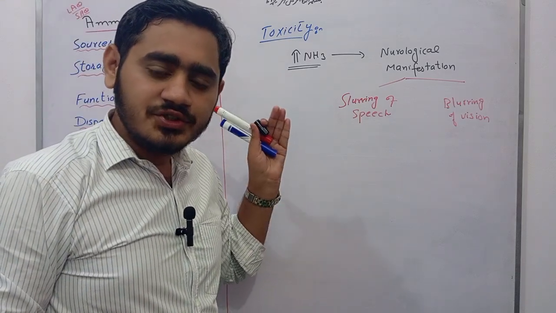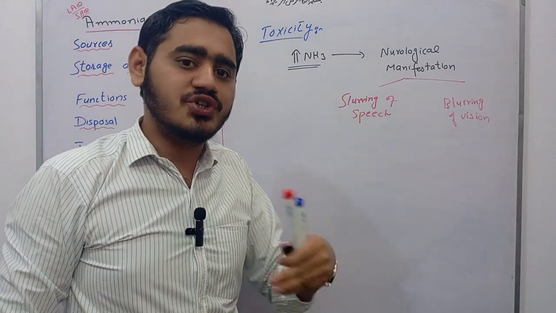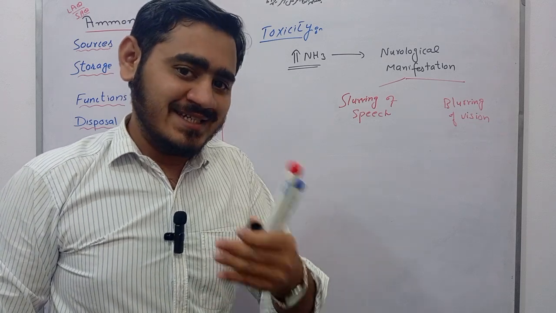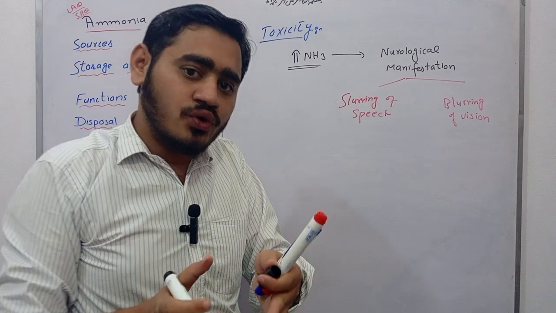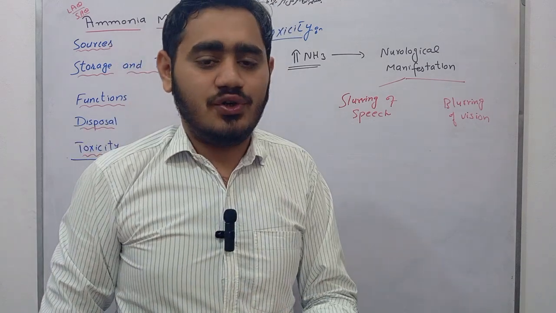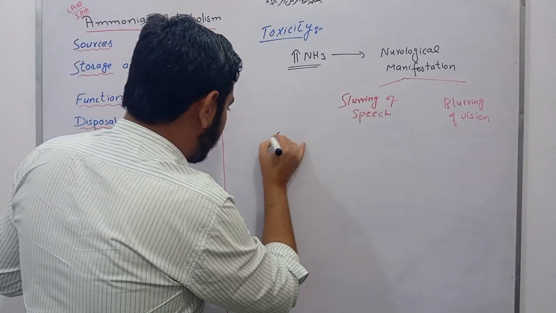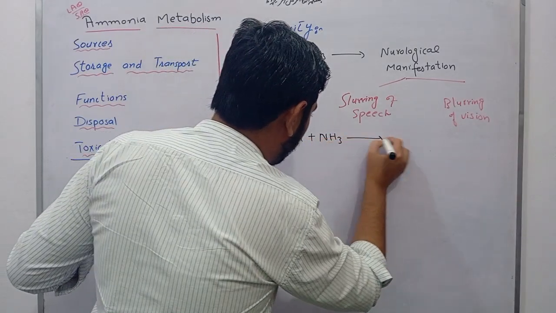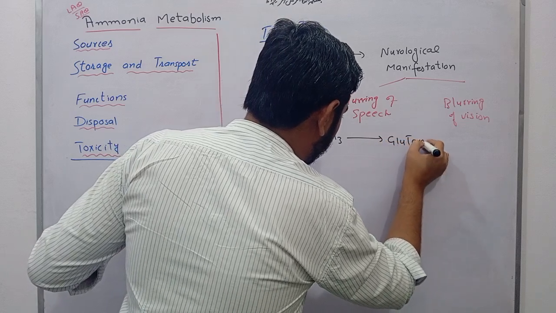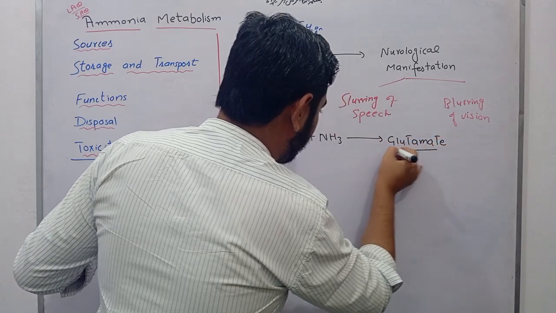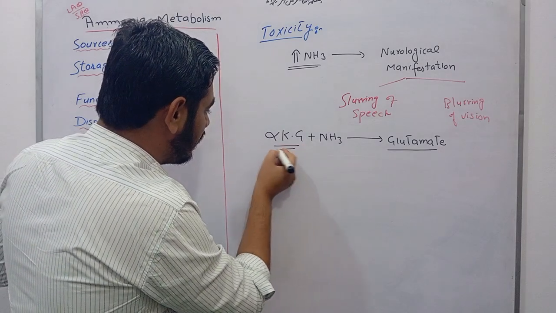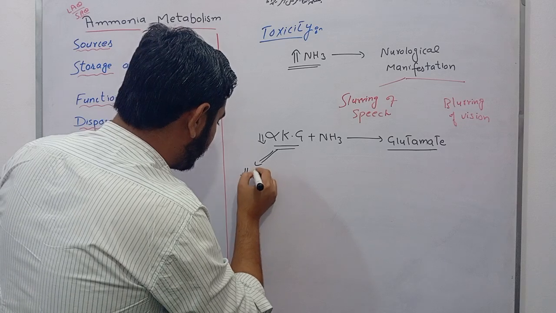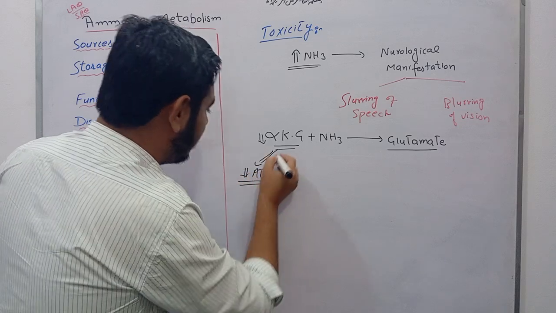This increase in concentration of ammonia leads to a decrease in the concentration of alpha ketoglutarate, which is an intermediate of the TCA cycle, and also leads to a decrease in production of ATP. This alpha ketoglutarate gets combined with ammonia and forms glutamate. So ultimately it leads to a decrease in alpha ketoglutarate and a decrease in the production of ATP.